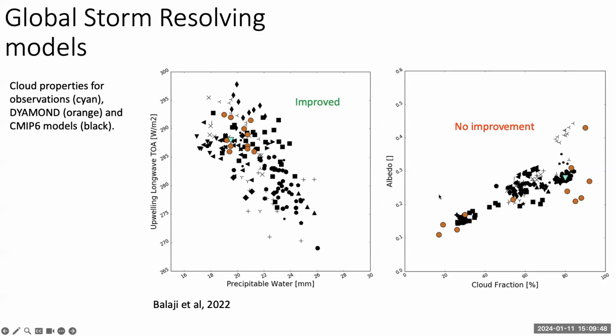One could speculate that this is maybe more controlled by deep convection, which is the reason why GSRMs do a better job there. Here, shallow convection is still important for the cloud fraction and the albedo, so it makes sense that GSRMs won't do that much better a job than GCMs.